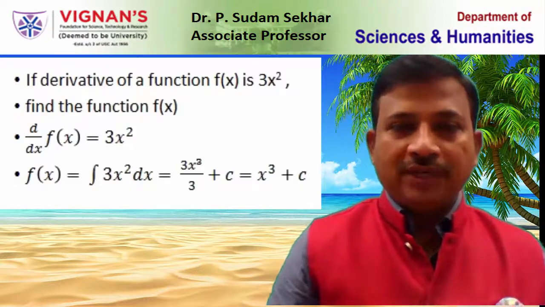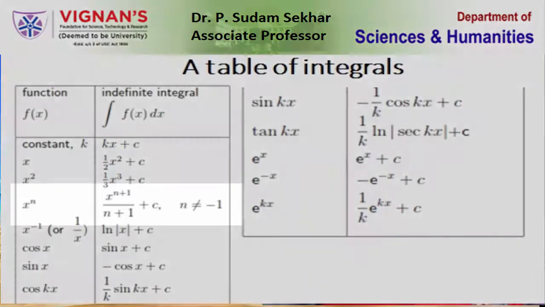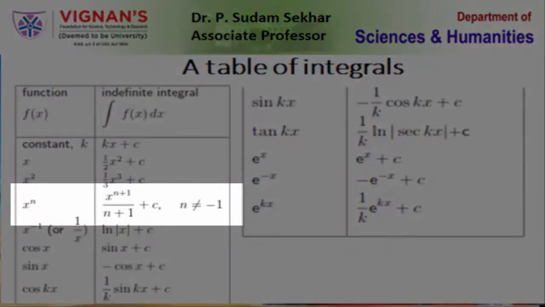So I showed you a table. This table represents different formulas for integration, general formulas of integration, which we use frequently in our problems. Is it clear? Right? So in this, see one formula I have written here. Integration of x to the power n equal to x to the power n plus 1 by n plus 1 plus c for n is not equal to minus 1.